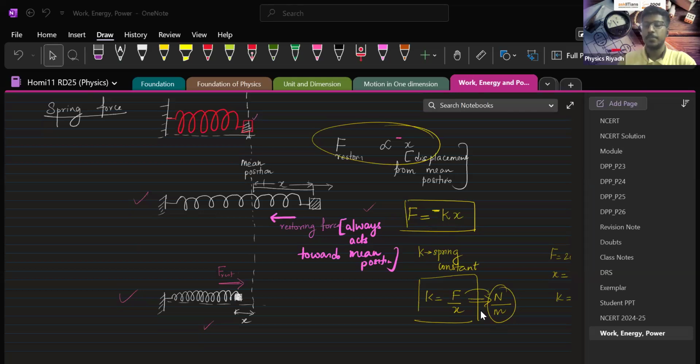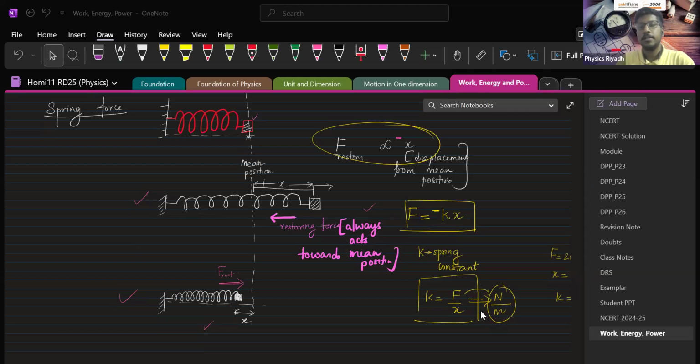That can be written as F is equal to minus kx, where k is the proportionality constant, or we call it the spring constant in this case. We have seen what the spring constant is: k is equal to F upon x in magnitude.